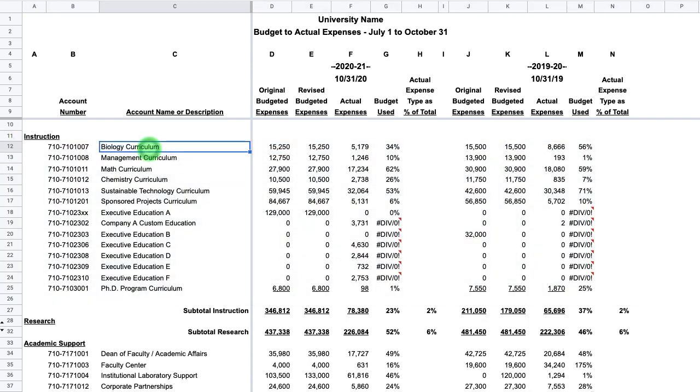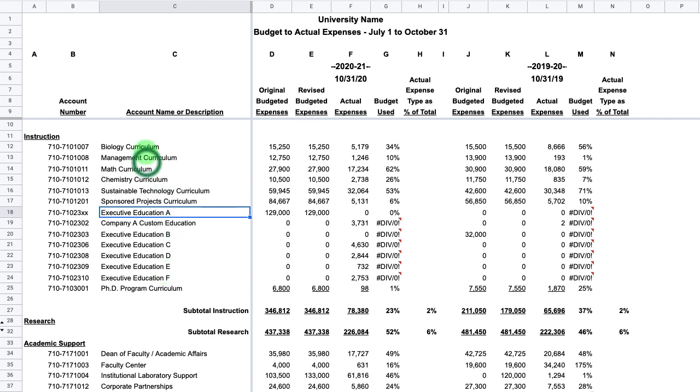And lastly, the instruction or curriculum budget. So this is both an actual set of things. The biology curriculum here has a certain amount to spend, the management curriculum, the math curriculum, etc. If you want to break down your budget or expense amounts by curriculum type, there's no problem with that.